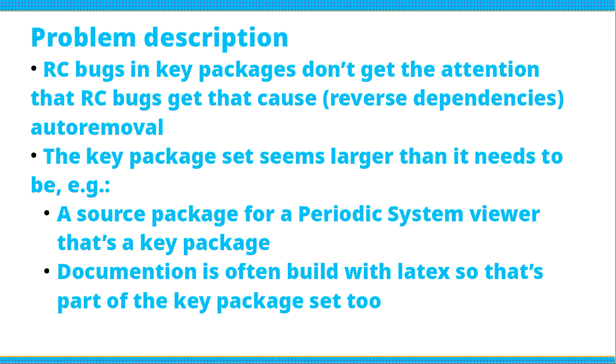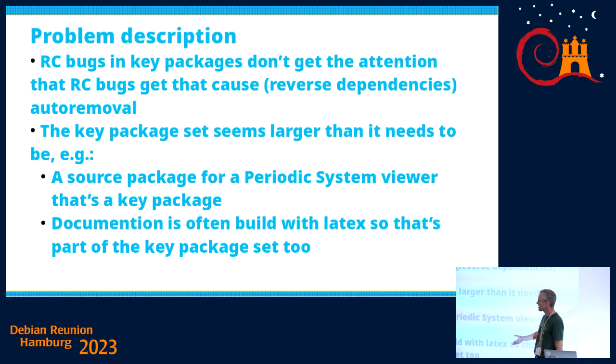Another flavor: I'm not saying that this is a problem, but nearly every package builds documentation, which means that the tools to build documentation are also key. And from a working point of view, I wonder if that is the right choice. It's in the current set, so that's that.